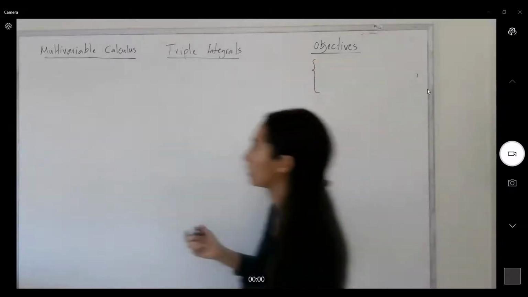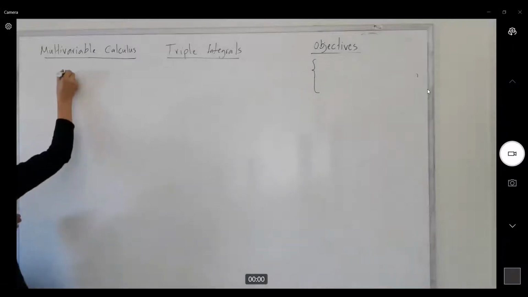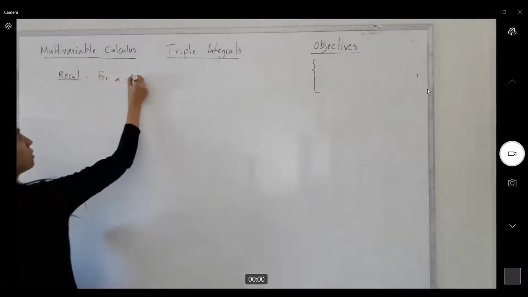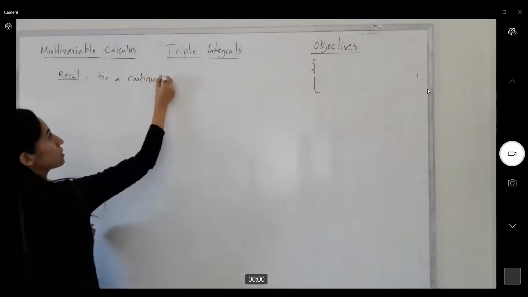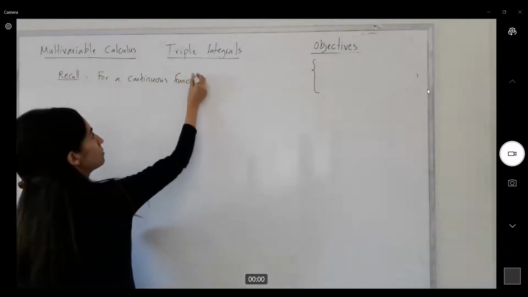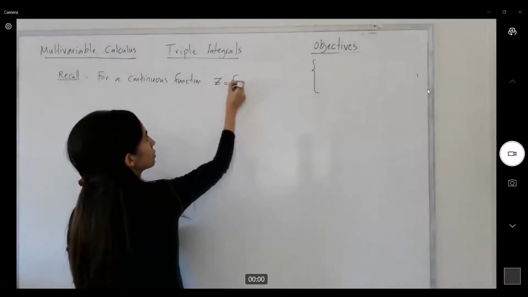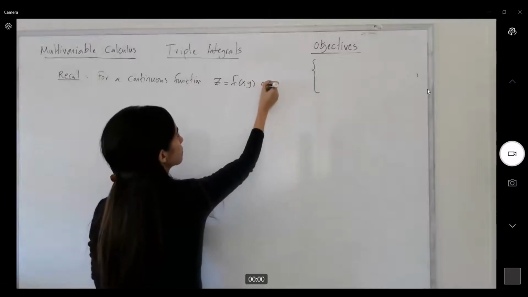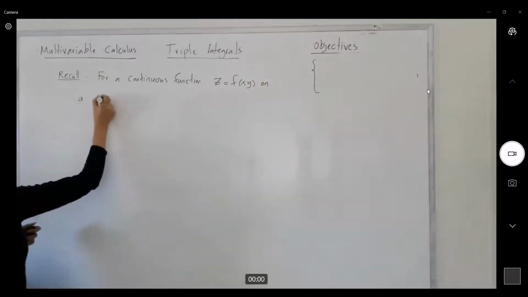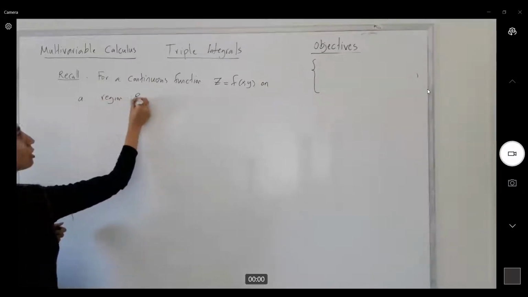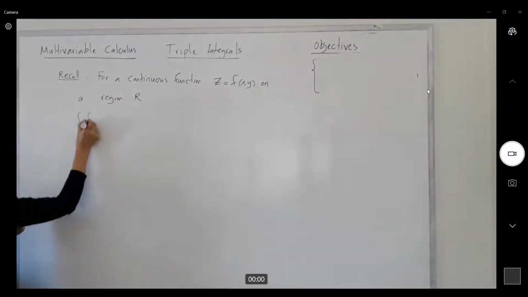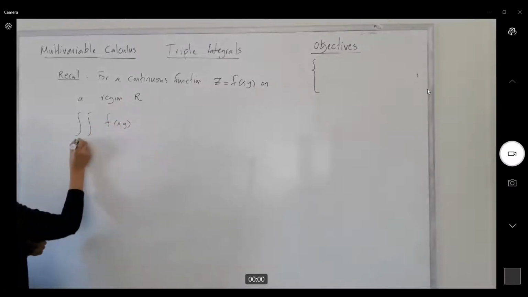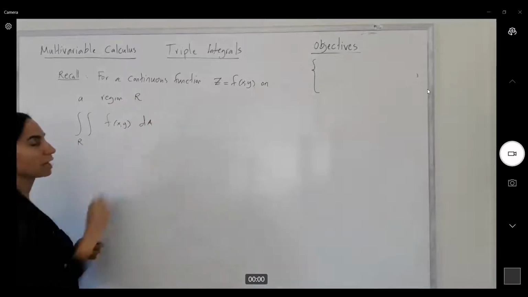We had a continuous function z equals f of x and y on a region like R, and we define the double integral of the function f of x and y over that region. We have different cases.